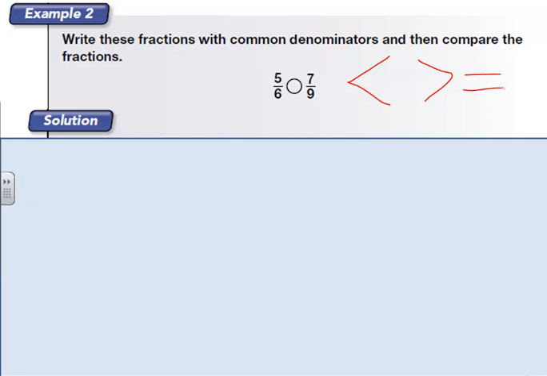And the smallest number I can think of is, what do you think it is? What do you think the smallest number is? Hopefully, you said it's 18. Because 6 goes into 18 and 9 goes into 18. 6 goes into 18. What do we have to multiply 6 by to get 18? We have to multiply it by 3.